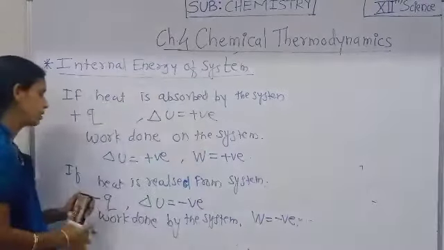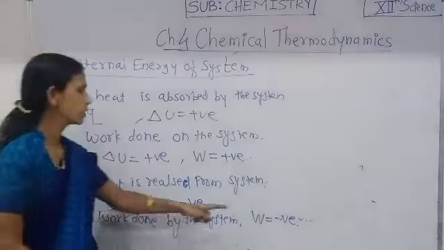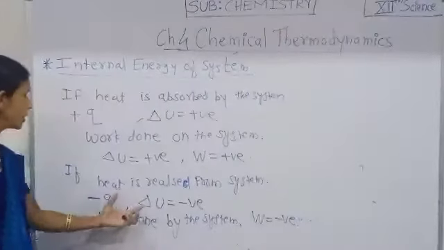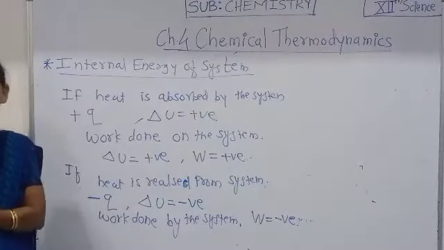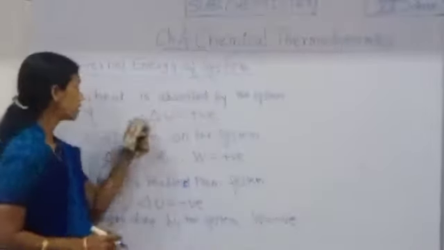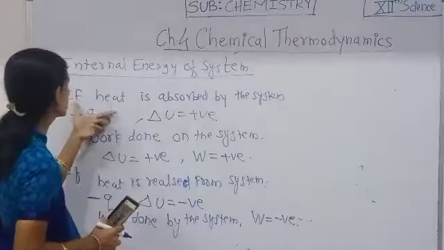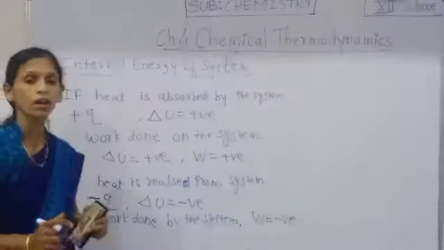That is, when work done takes place by the system, then work done is negative because the change in internal energy is negative. That is about the sign conventions related with internal energy.